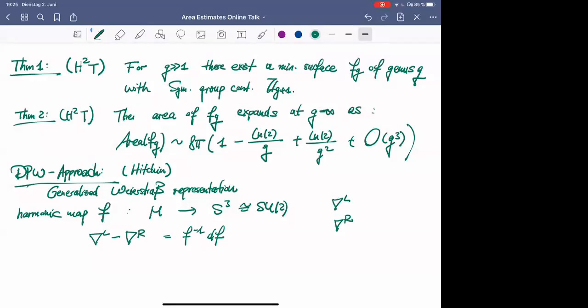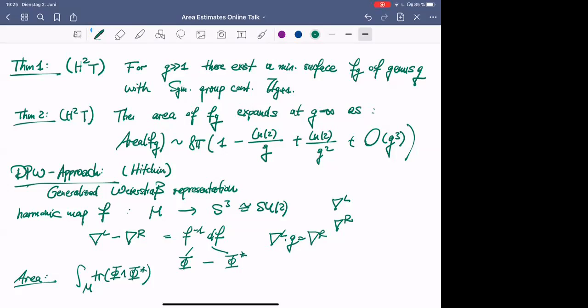S3. So what it says is basically that F is a gauge between the left invariant connection and the right invariant connection. Now the point about this is that you can split it into something dz part and something dz star part and put a minus in between, and the area of F is just the integral of the trace phi dash phi tilde.